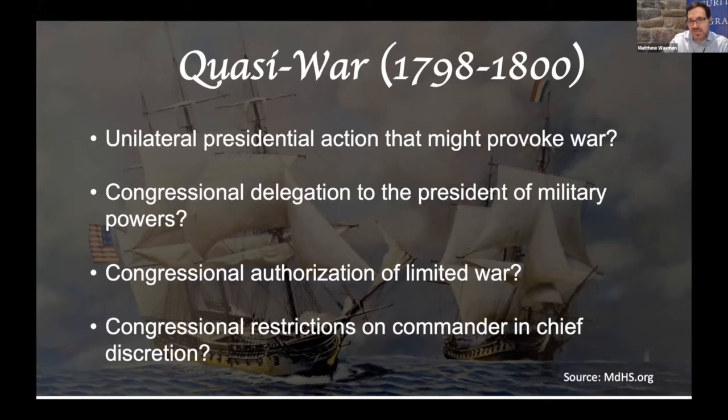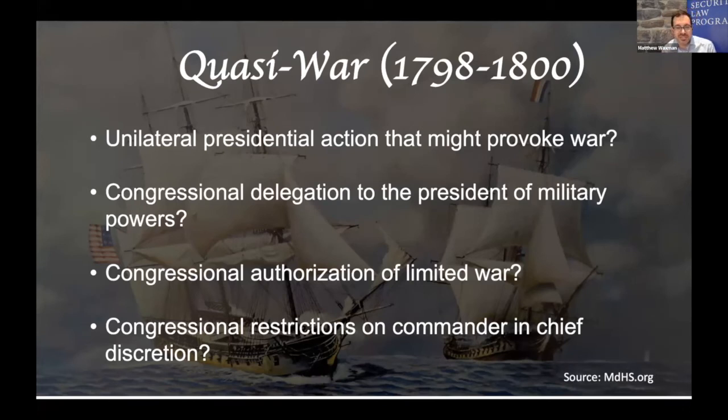For example, here are naval vessels that you can use to protect American commerce, but only in American territorial waters. At what point, if ever, do those restrictions unconstitutionally intrude on the president's constitutional discretion as commander-in-chief to direct how military forces are used? Let me say this is a very, very difficult area of constitutional law.